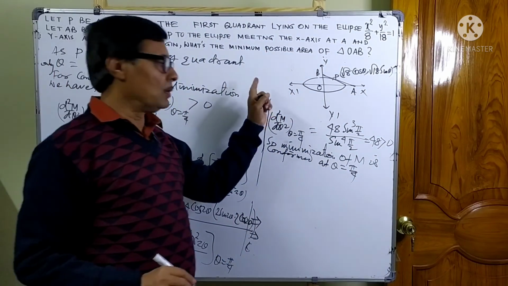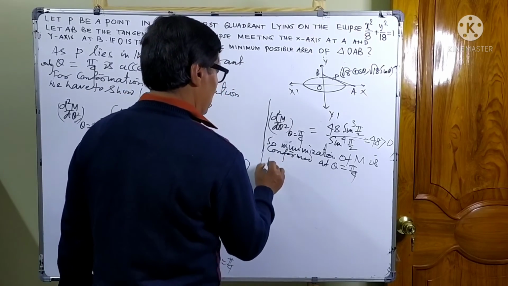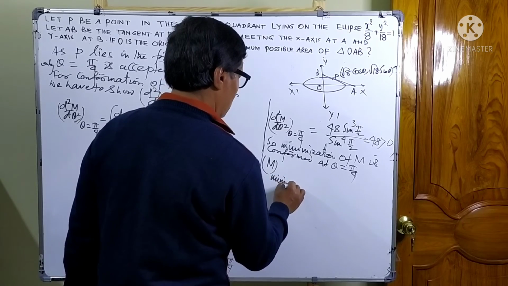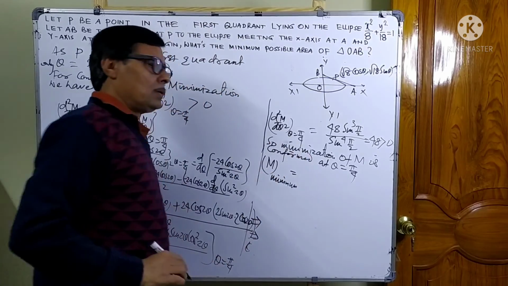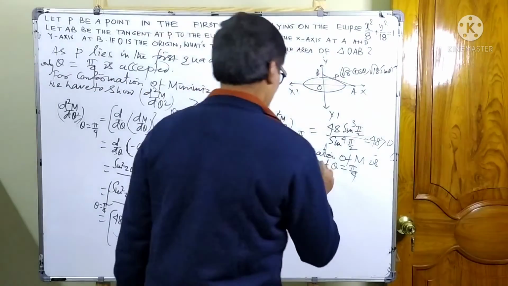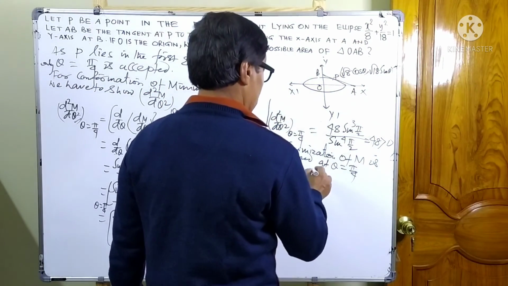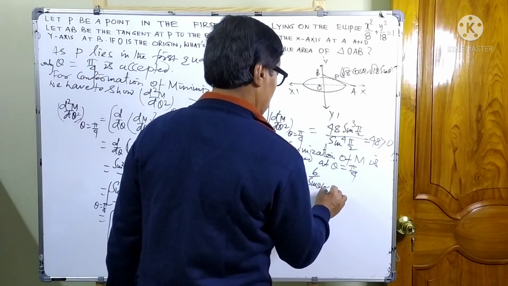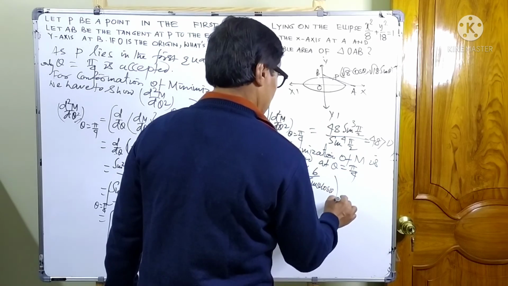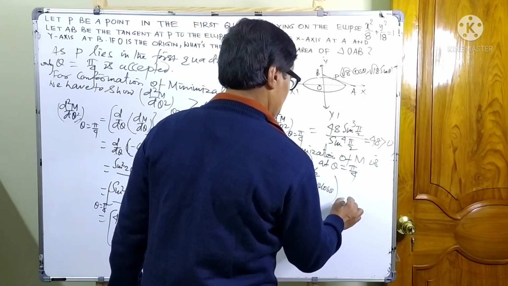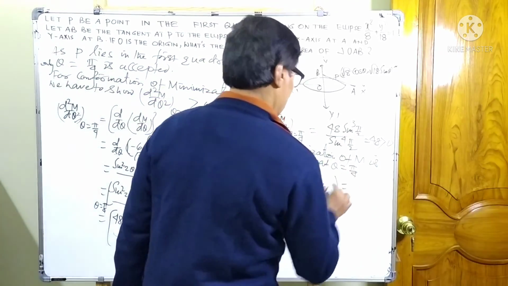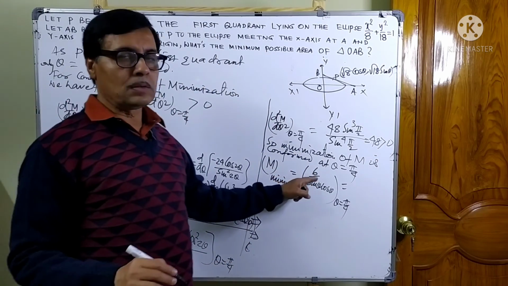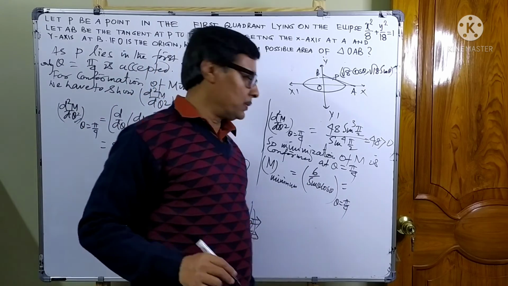So, the minimum value of m. The value of m was 6 over sin theta cos theta, so the minimum value of area is 6 over sin theta cos theta at theta equal to pi by 4.